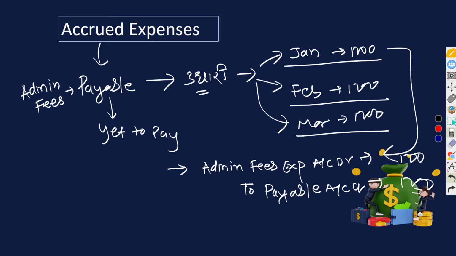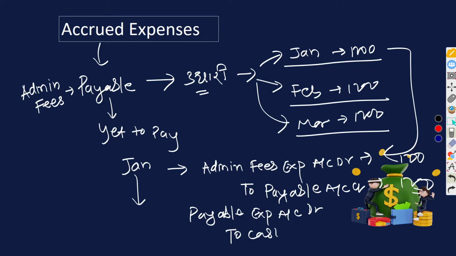So let's assume in the month of Feb, the same January month's expenses, let's say after mid Feb, the fund manager confirms it. The fund manager processes payment of those payable expenses. Then your accounting entry would be payable expense account debit to cash account credit, 1200, 1200.